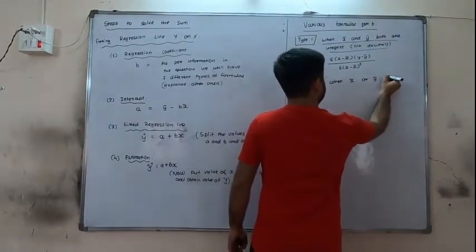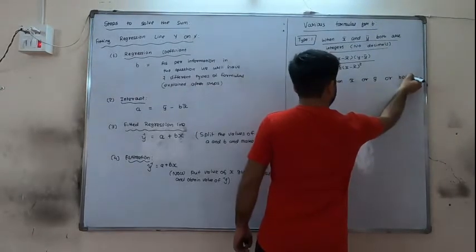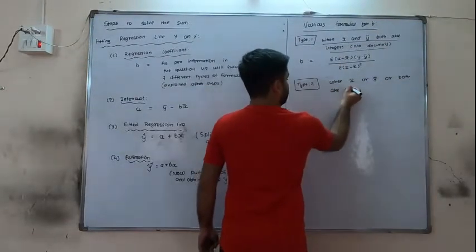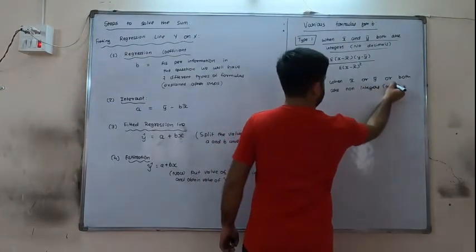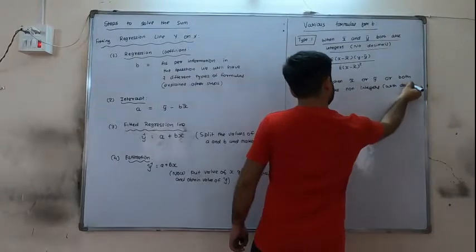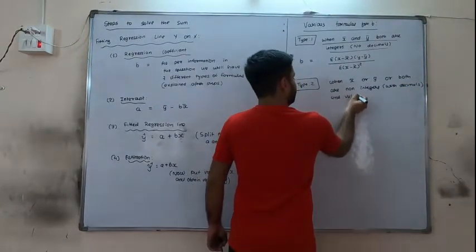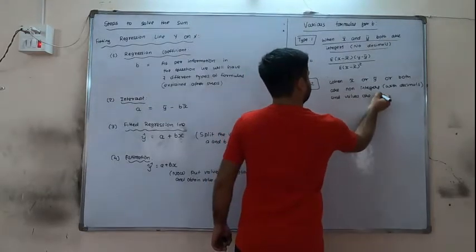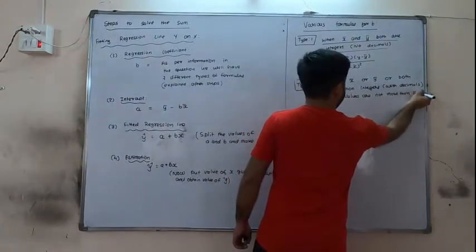Now, when x bar or y bar or both are non-integers, meaning with decimals, with points, and the values are not more than 50.